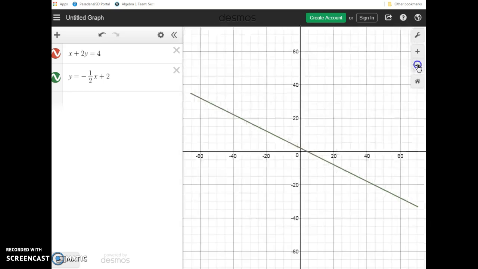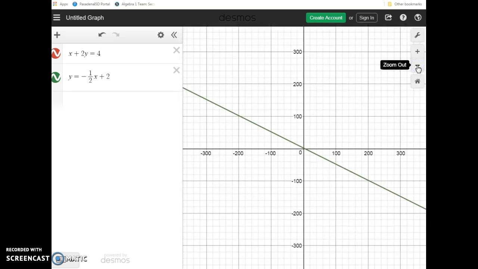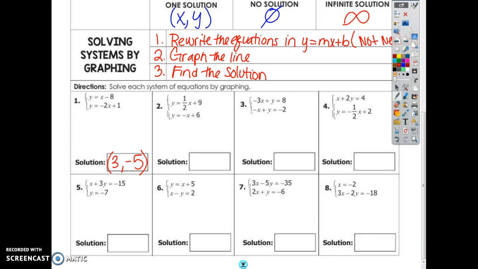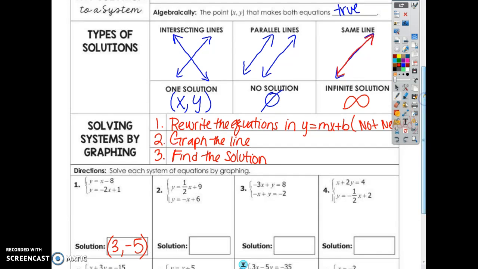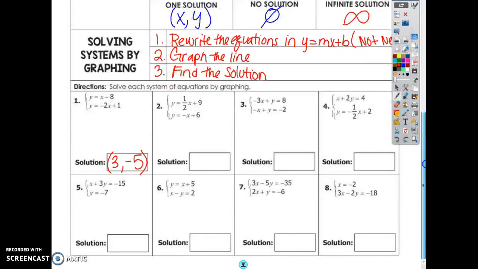Why do you only have one line? If you take one off and put it back on, you see how the colors change from red to green? Look, even the computer knew it was Christmas. So, when that happens, what should your solution be from your notes? They're the same line, so they're going to have infinite solutions. So right here, you're going to put infinite solutions.